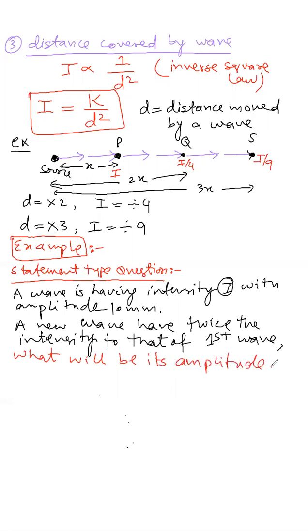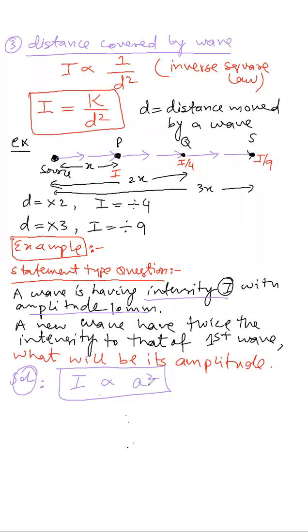Okay, so how will you do that? First of all, you will observe that in this question, intensity and amplitude are given. So you will say, okay, I have to use this relation: I proportional to amplitude square, or you can simply write A for amplitude.